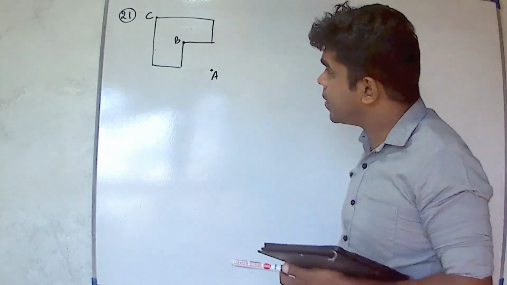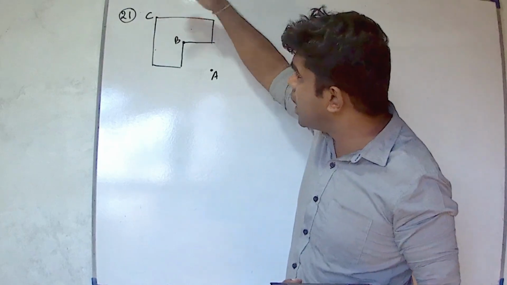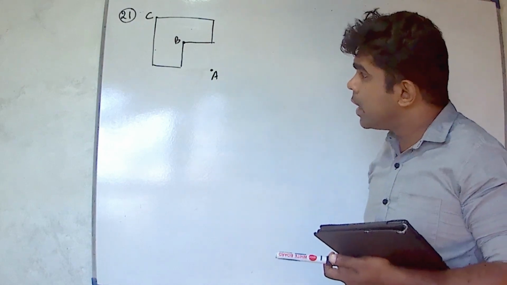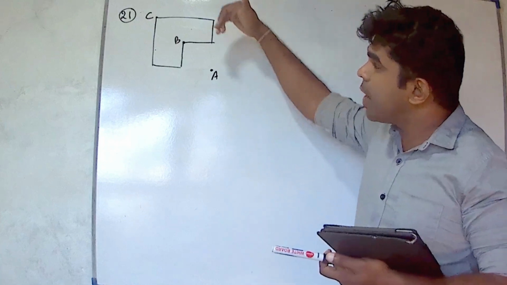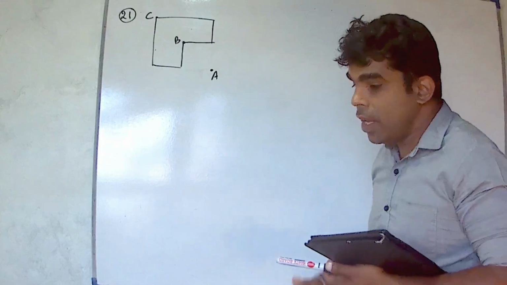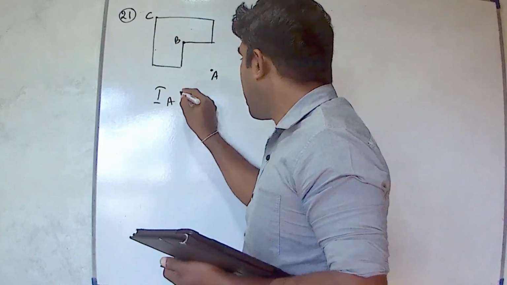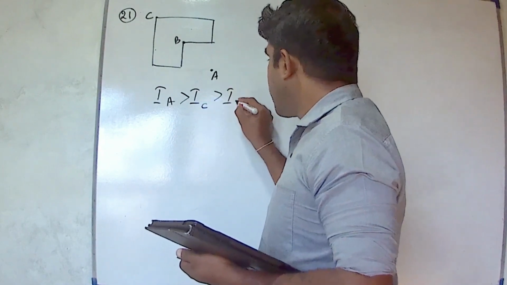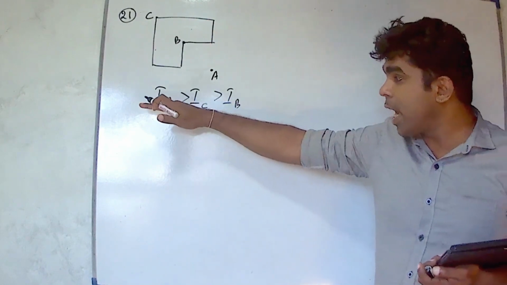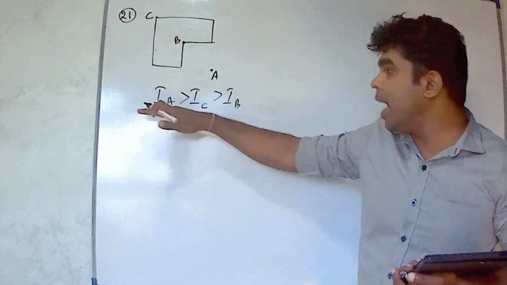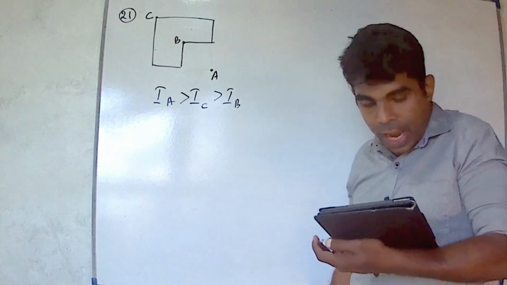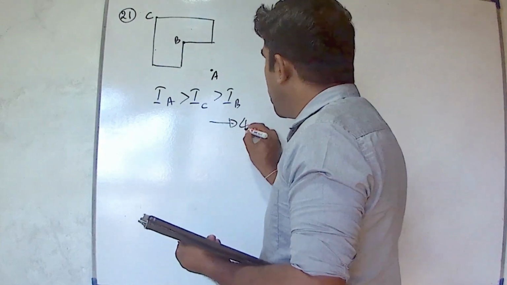Then C is second, since the mass spreadness around C is less than A but greater than B. Then the correct order of moment of inertia is IA, IC, IB. The answer is 4 for question number 21.